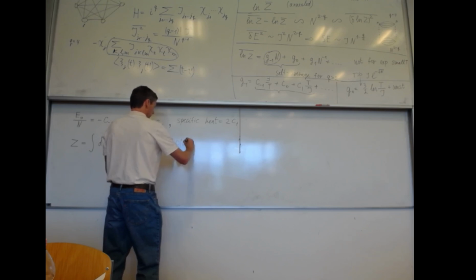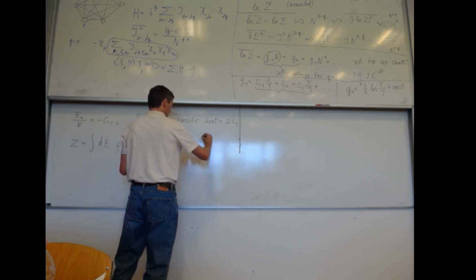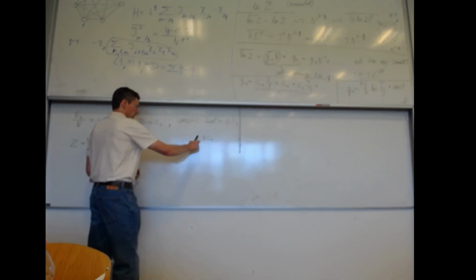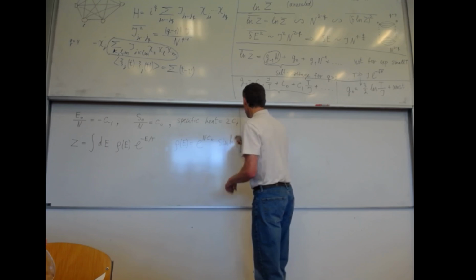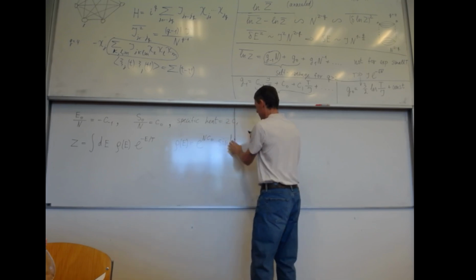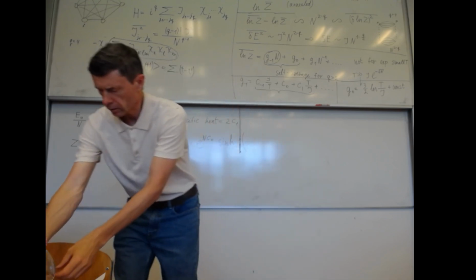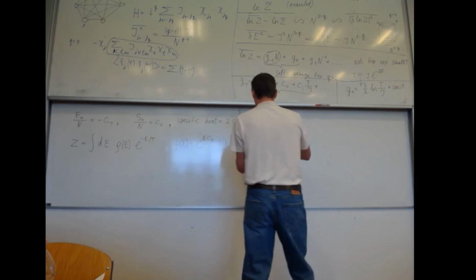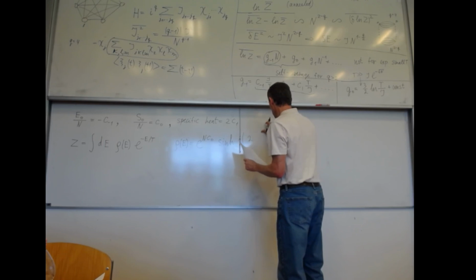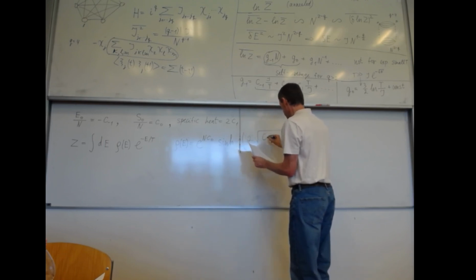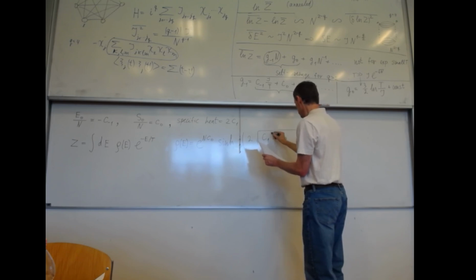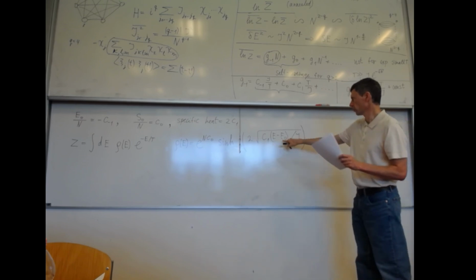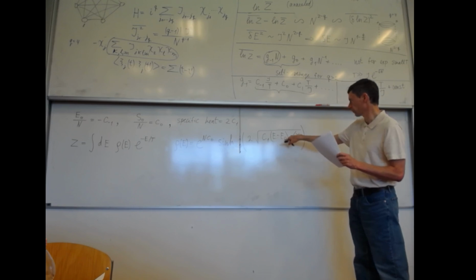rho of E is e to the N C0, an exponentially large factor, times sinh of the square root of the energy counted from the ground state energy.